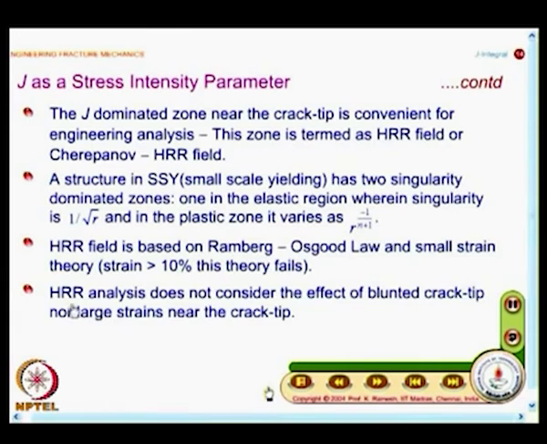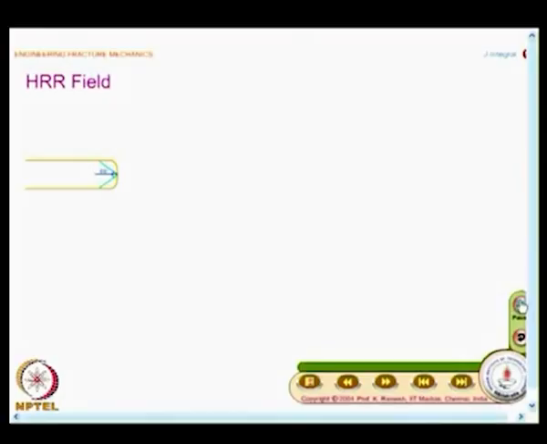So, even in the HRR analysis, the effect of a blunted crack tip or large strains near the crack tip is not accounted for, but nevertheless it is a very useful approach. People also compare this to boundary layer theory in fluid mechanics, and we would see how the HRR field looks like, a pictorial representation.